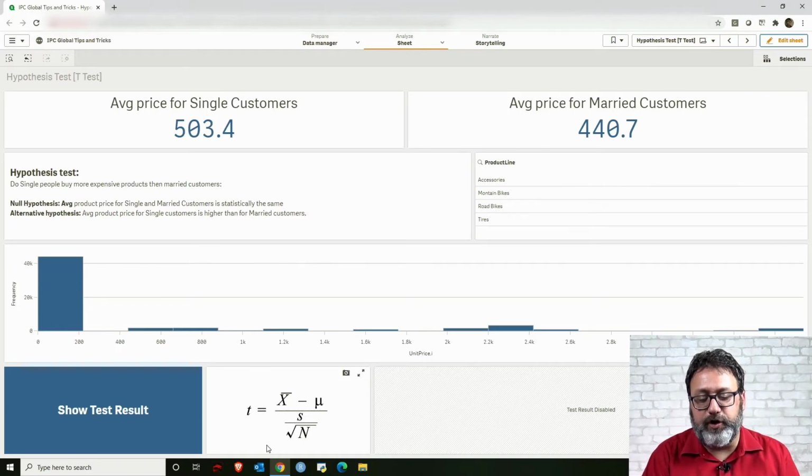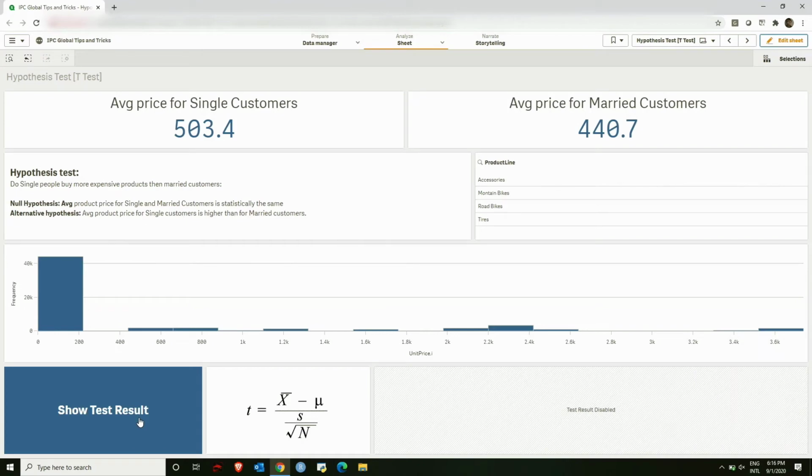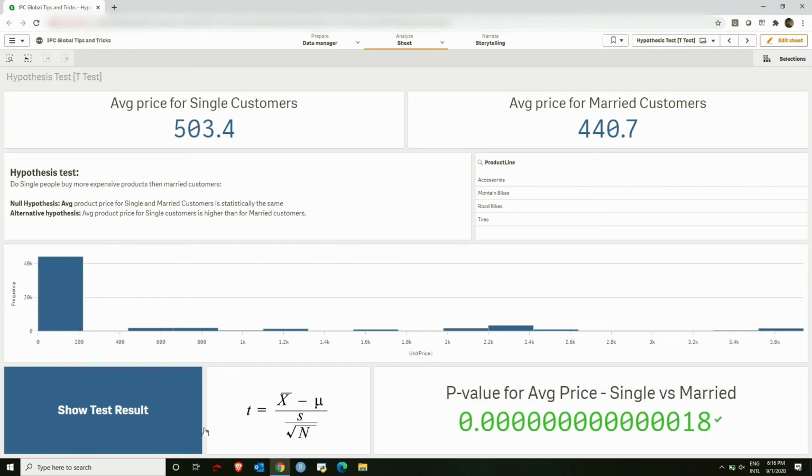Remember, this is the formula to calculate the t-value in the t-test. Let's then calculate the p-value. I already have a KPI with that calculated. And the p-value is so small that we need many decimal places to see the number. And I placed a condition here where if the p-value is less than 0.05, then I'll color it green, and it is way less than that.